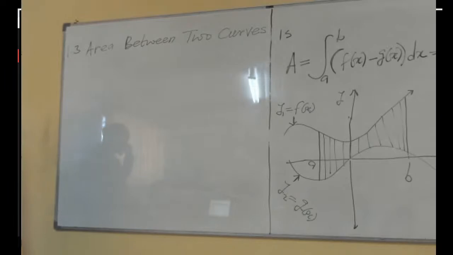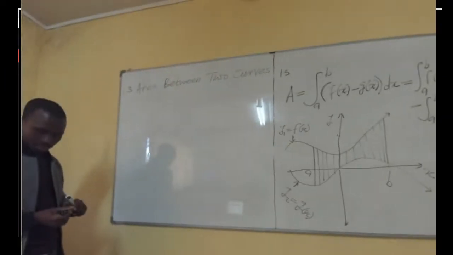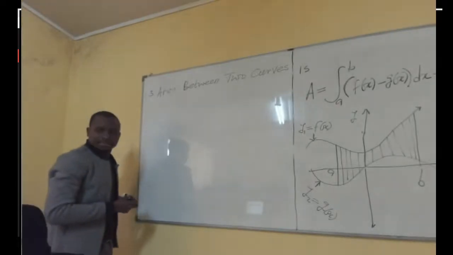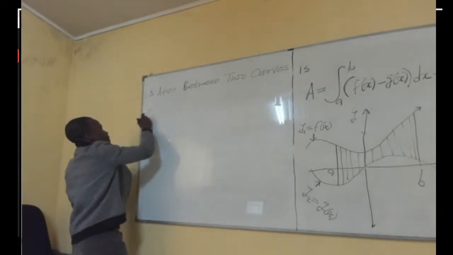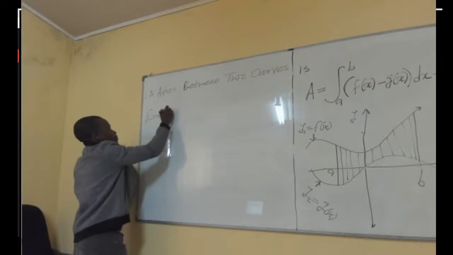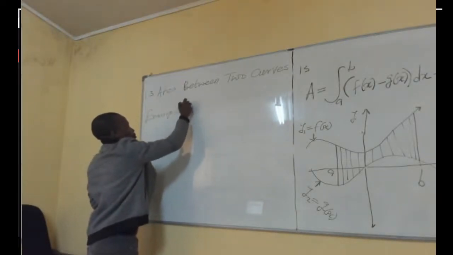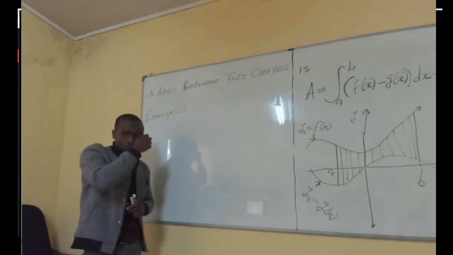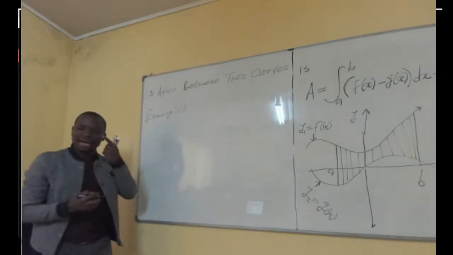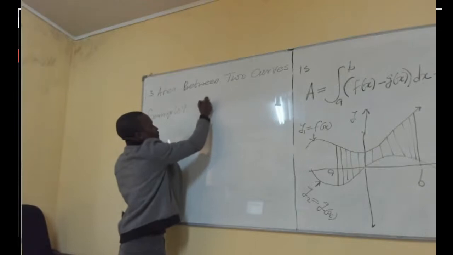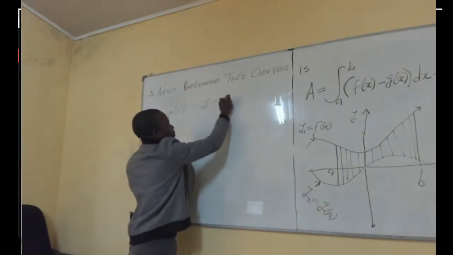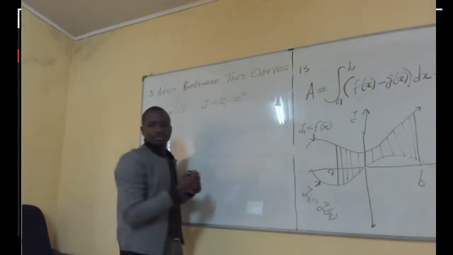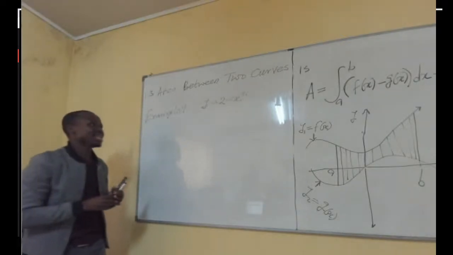So the example, this is example number 9, says: find the area of the region enclosed by the parabola and the line.